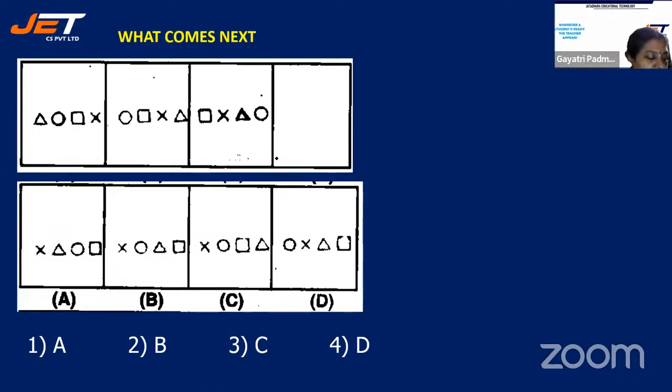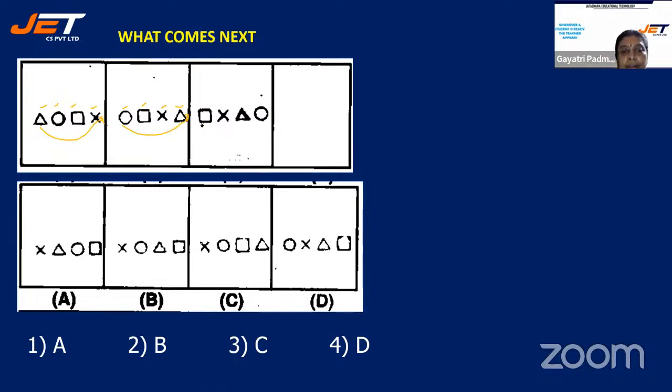So here in this, you have triangle, circle, square, multiplication. See, what is the difference? Second one is circle, square, multiplication, triangle moves to this side. Okay, the next one, your circle moves towards the last, right?